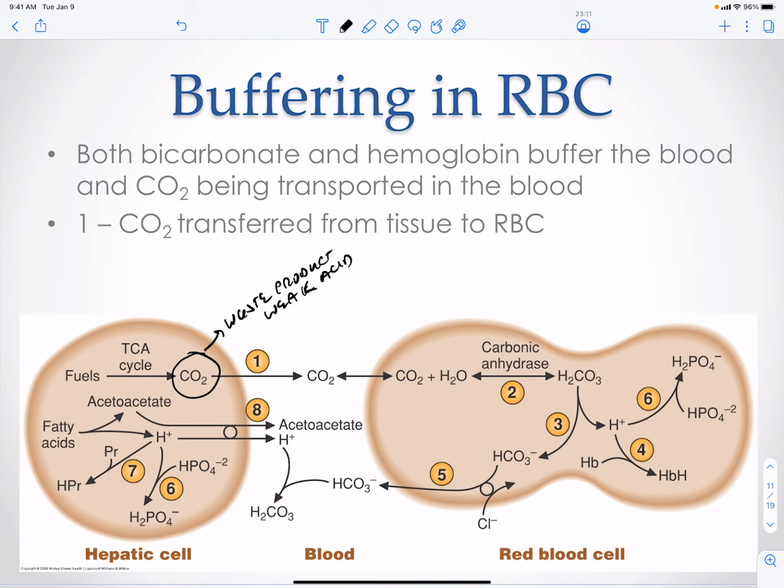You're going to release carbon dioxide, which is going to be picked up by your red blood cells. Red blood cells have a large amount of an enzyme called carbonic anhydrase. This is going to form carbonic acid.